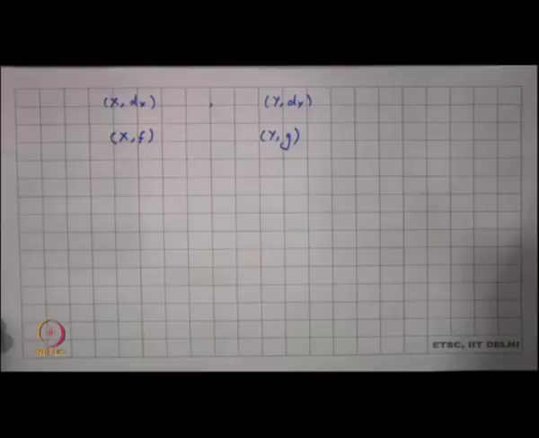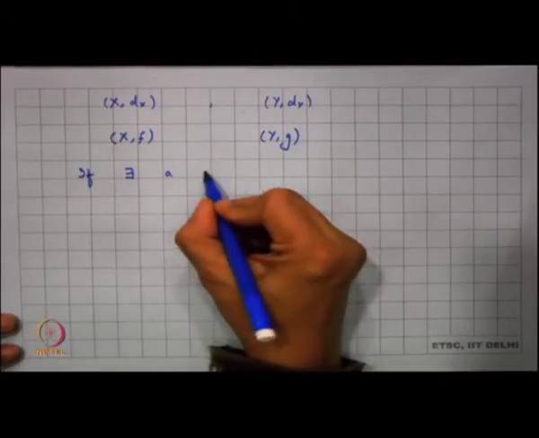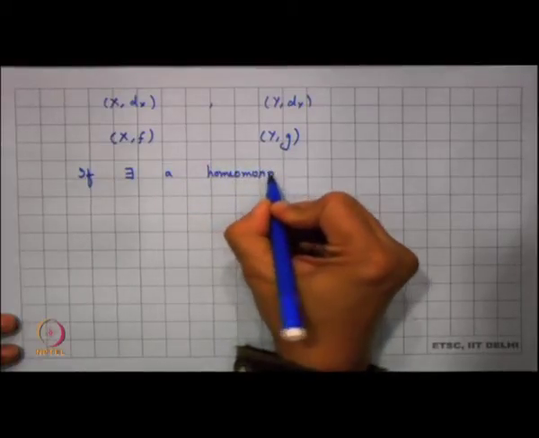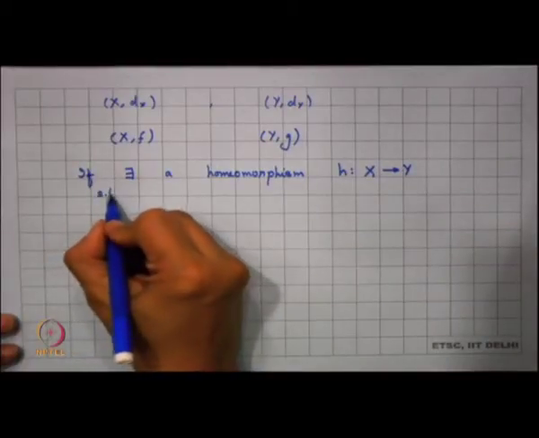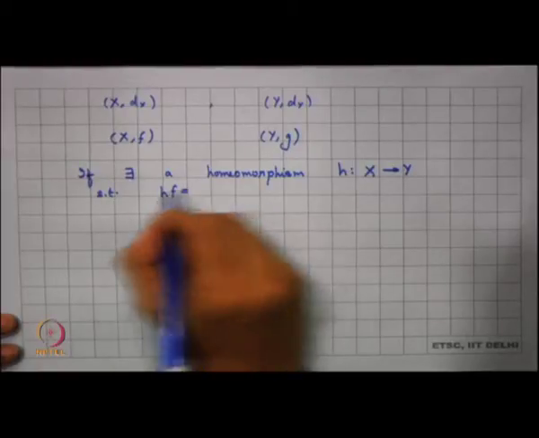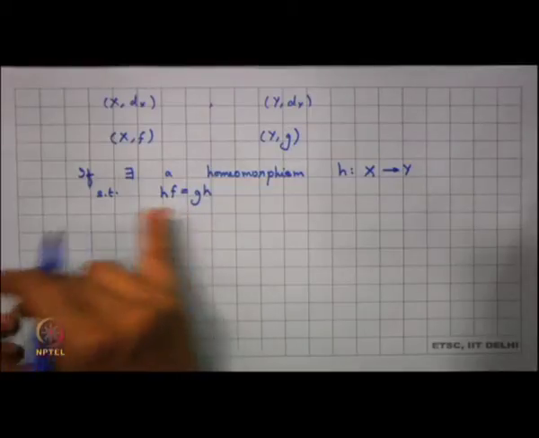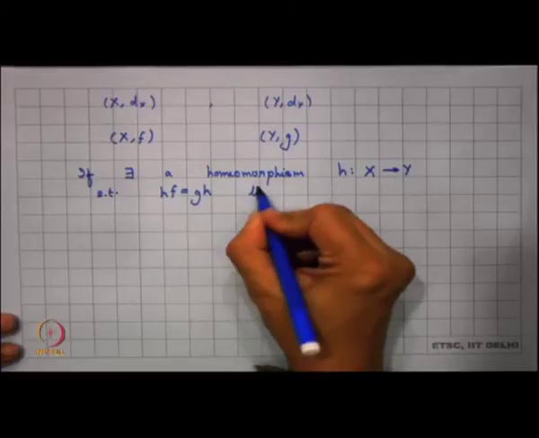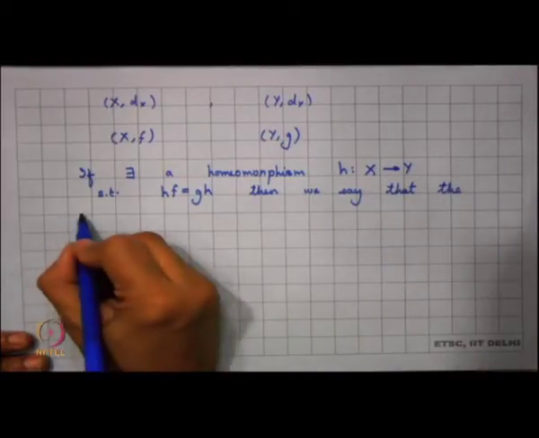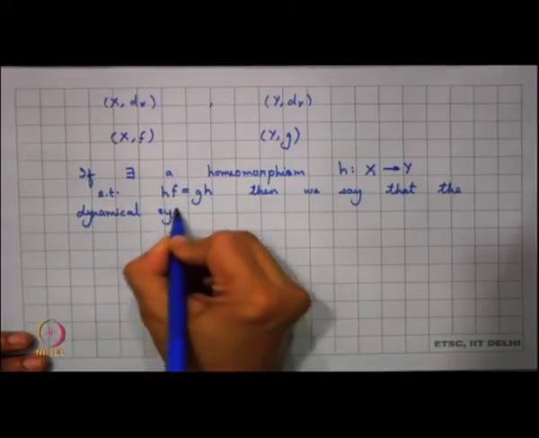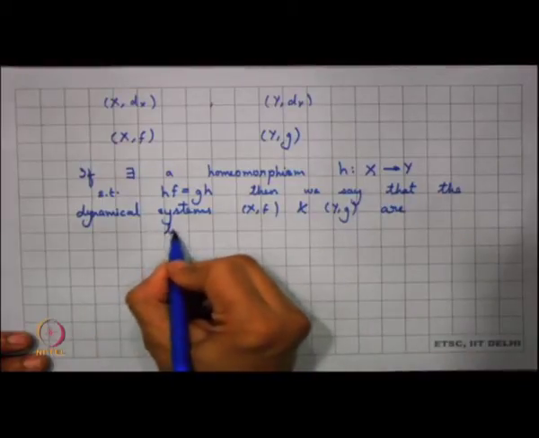Now, if there exists a homeomorphism h from X to Y such that h∘f equals g∘h, that means these two functions are the same at each and every point x of X, then the dynamical systems (X, f) and (Y, g) are topologically conjugate.